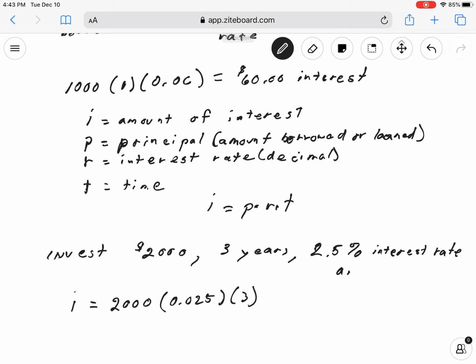This is an annual rate. So my amount of interest is $150. Okay. So that's pretty simple, straightforward.